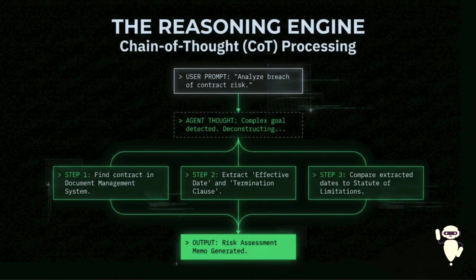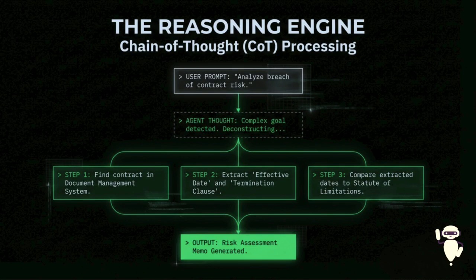So this is an example of how an agent works using chain of thought processing, which is a step-by-step logical thinking style. Imagine that we are asking AI to analyze the breach of contract risk for me. The agent will realize that this goal is complicated, so it decides to break it down into tasks and select the appropriate tools for each task.